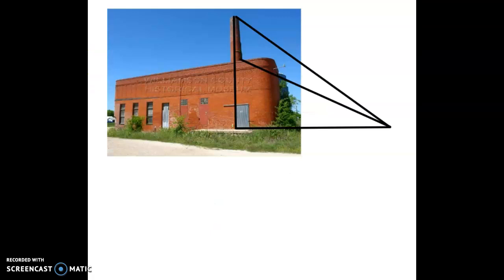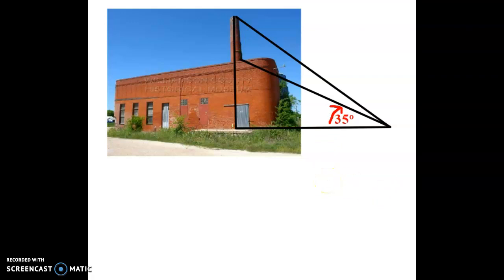And in our last problem, this one's a little more complicated. It's 2 equations in one. First off, they tell us that the little angle of elevation to the base of the smokestack is 35 degrees.